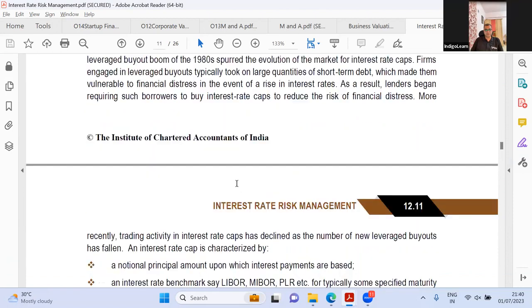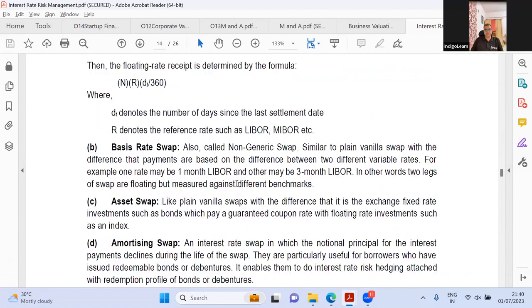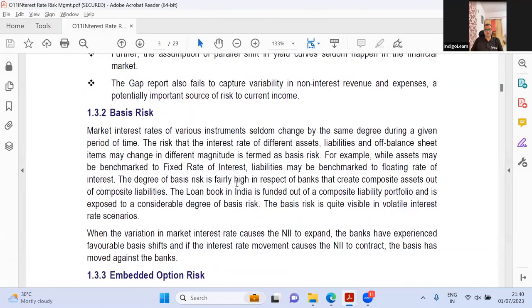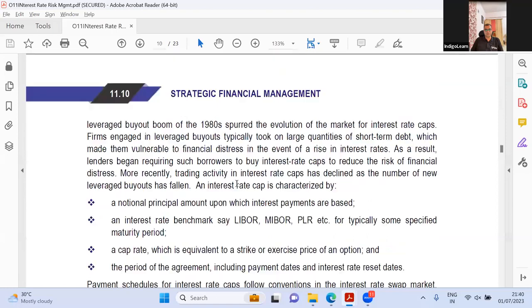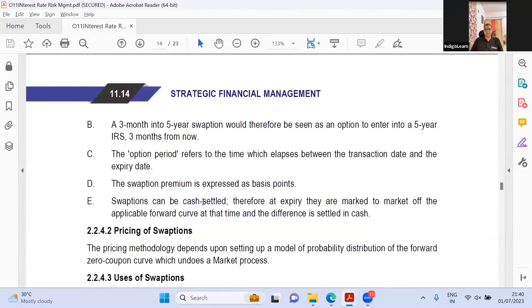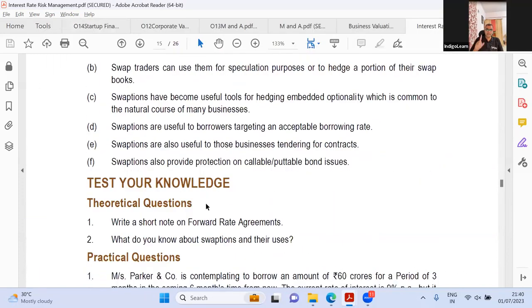Floor option, collars, types of swaps, fixed rate swap, use of swaptions. There's nothing much here. Types of swaps, swaptions, pricing of swaptions. It's pretty much the same stuff. Other than new benchmark rates, there's nothing new here.